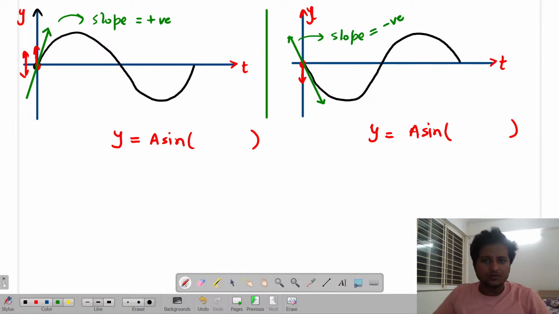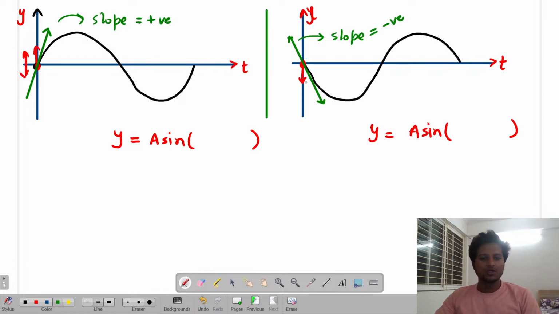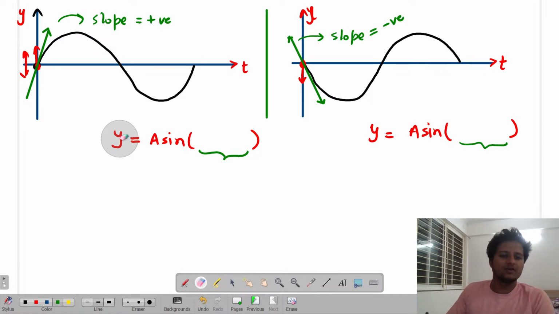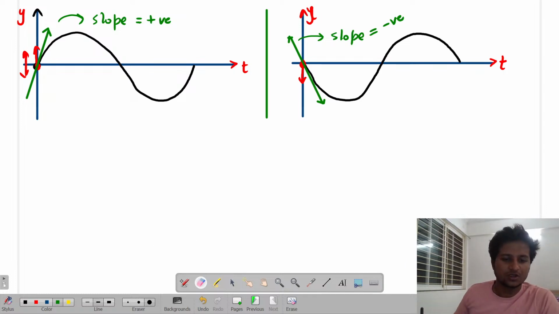Now that's the biggest thing to understand. Basically, if I'm saying something as a positive slope and something I'm saying as a negative slope, then definitely inside this region, inside this bracket area, some difference is there. And that's what is given as the wave equation. That actually creates the original wave equation. So let us understand.